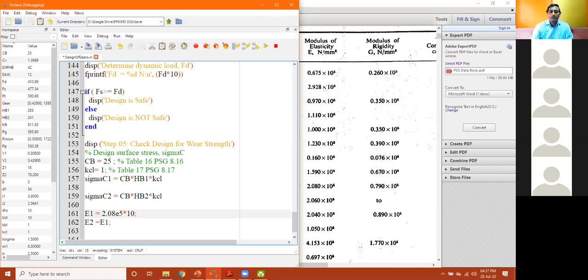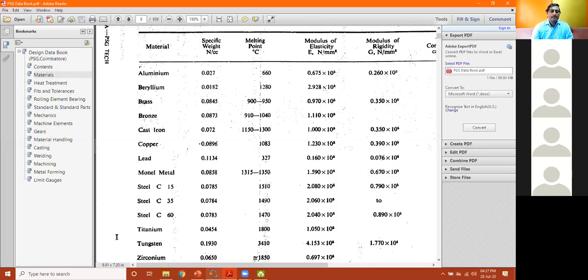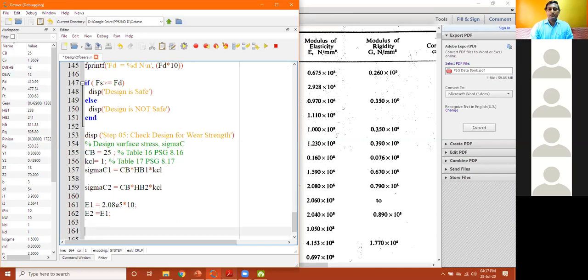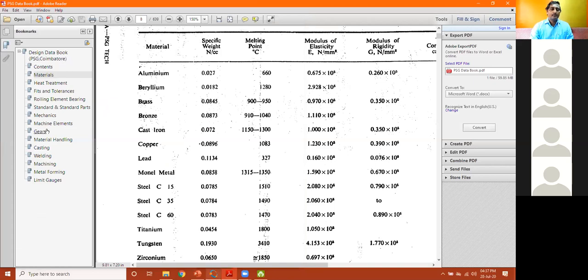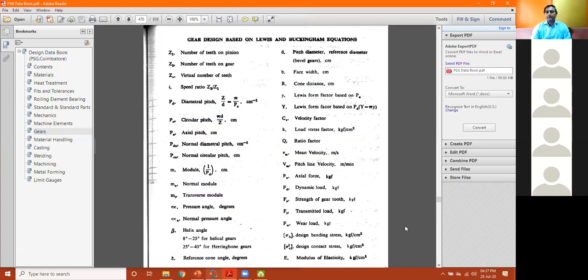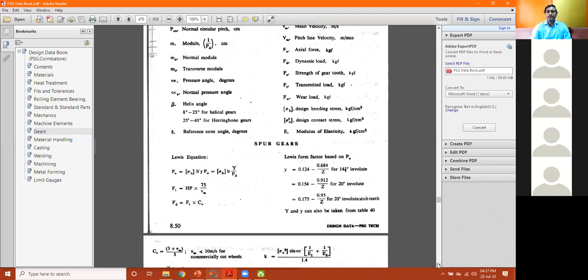Now what is the next part? Find the ratio factor Q. I know I1, so I will write the ratio factor. Again, it is from the data book, and I will show where it is. It is on page number 8.51, in the Lewis and Buckingham equations for spurs. This is page 8.50, so we'll go to 8.51.